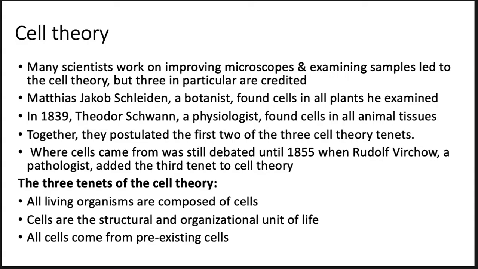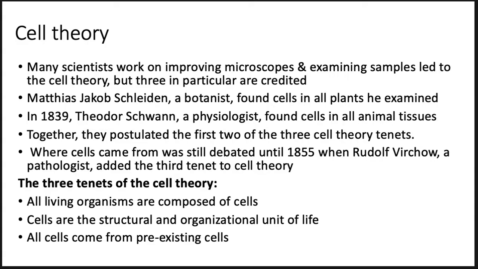But we do credit a few scientists in particular when it comes to cell theory. So you have Schleiden, a botanist. He found cells in all plants that he examined. So he said that all plants are made up of cells. And then you have Schwann, who came to the same discovery with animal tissues.